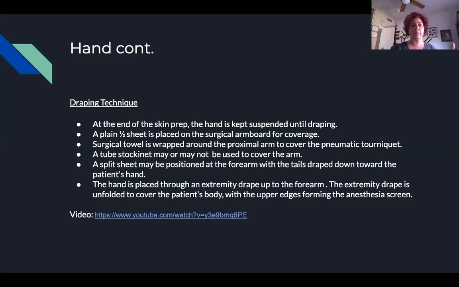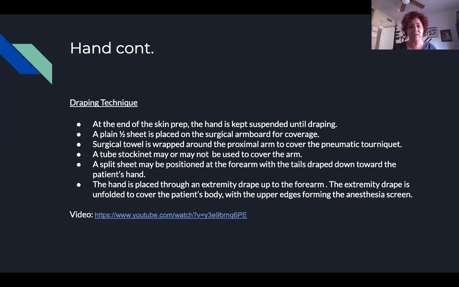You still want to make sure you orient that drape so the longer end is going to the feet, even though you're draping the arm. If you get it turned this way and the longer end is coming off from the arm board, then you get only this much of your patient covered. Pretty much their entire torso and their entire legs and feet are going to be hanging out. So orienting it is important if it's the regular extremity drape.